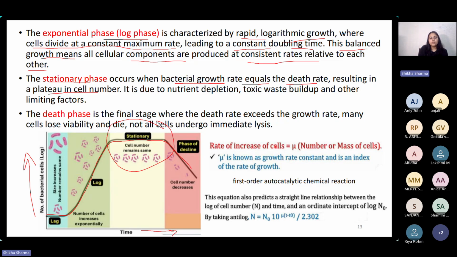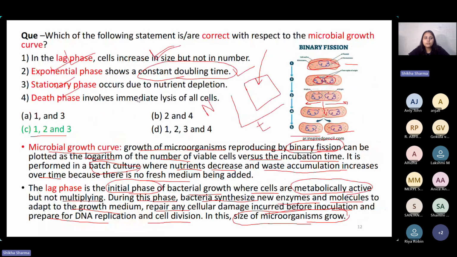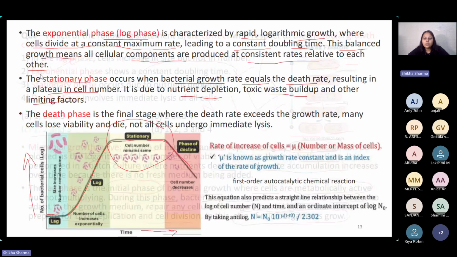The plateau we achieve in the stationary phase is due to nutrient depletion, toxic waste buildup, or other factors like competing microorganisms. Because of that, we see the stationary phase. So the statement that the stationary phase occurs during depletion is also correct.